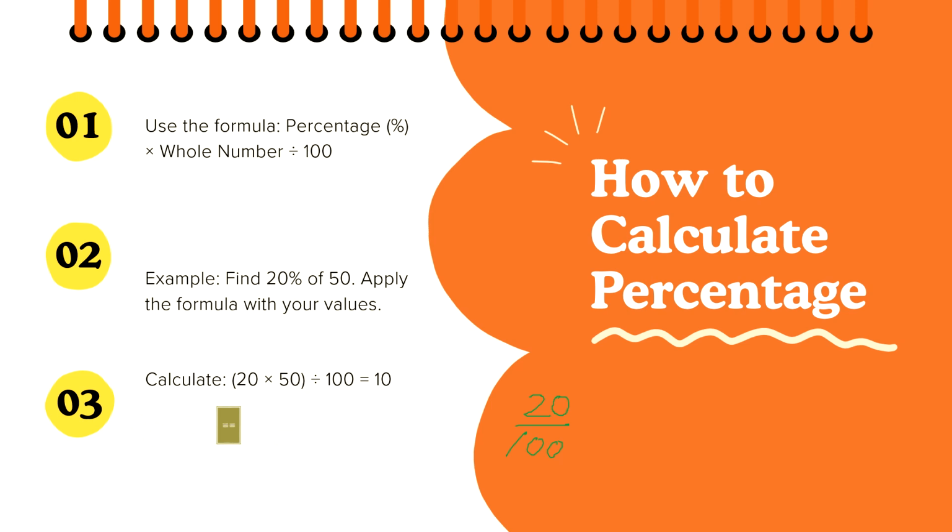If we have to calculate 20% of 50, you can take a trick from there: of means multiply, right? So you can do it directly this way. You have to find out 20% of 50, so we have to do 20 by 100 into 50.